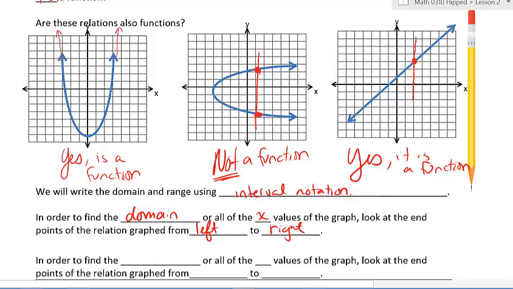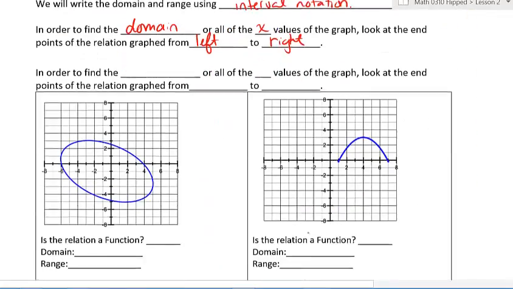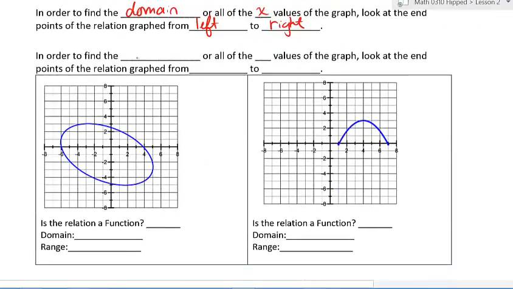When you're talking about all of the domain, we're talking how far left can you go, how far right can you go. Now, in order to find the range, or all of the y values of the graph, we need to look at the endpoints of the relation graphed from bottom to top.